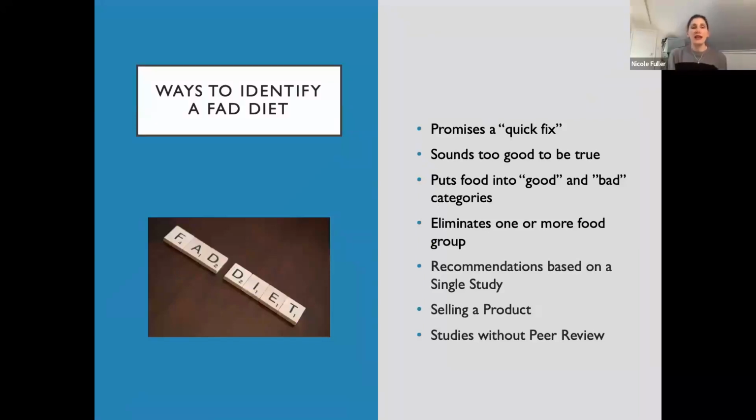So, ways to identify a fad diet, or I like to say red flags, because by the end of this, I hope you'll take away that I am not a big fad diet promoter. I don't know that there are many dietitians that do promote fad diets. So that's why I said red flags.